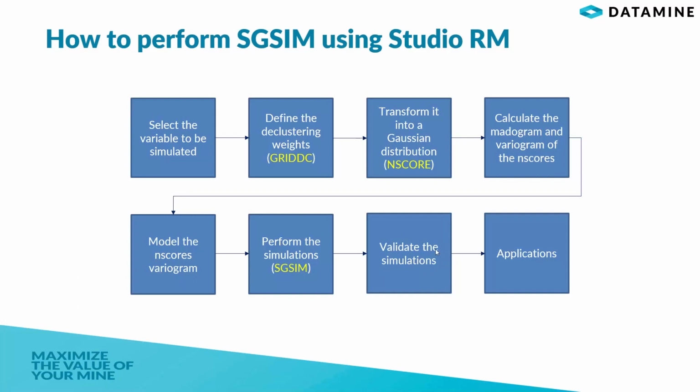Now we are going to start considering the validation steps we have. Basically, we are going to check if my simulations are reproducing the histogram of the samples, and if I calculate experimental variograms of these simulated points, if they are oscillating around my variogram model.